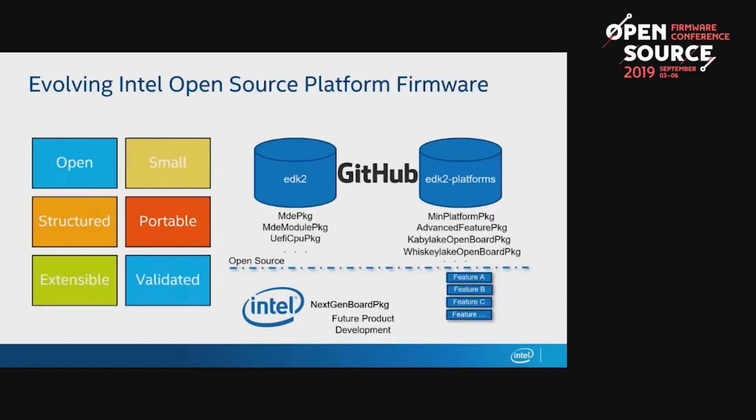On top of that, we put all the other functionality into what we call advanced features. And so that moves into advanced feature packages. And so here it says advanced feature package, and we do have that. But what we're starting to move, we're trending more toward, is having separate packages. So we have one called debug feature package, one called power management feature package. And we're taking these high-level classifications of code and moving them into these packages.